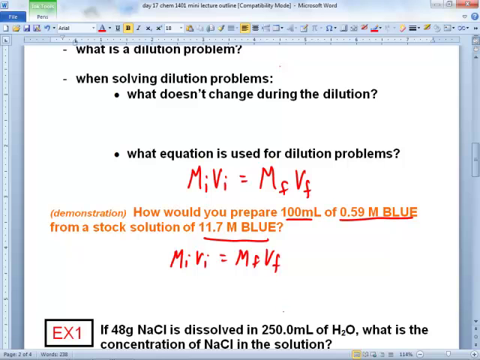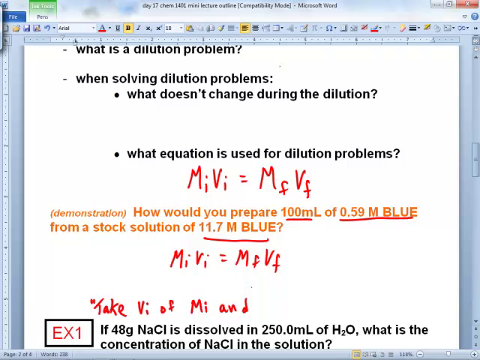So I'm going to give you a little guide here. Because in all the homework, they always say, how would you prepare? So you can't just do the algebra, which is what we're going to do. You also have to give an explanation. So I'm going to give you the explanation, and then you have to put in numbers. We're going to take Vi of Mi.